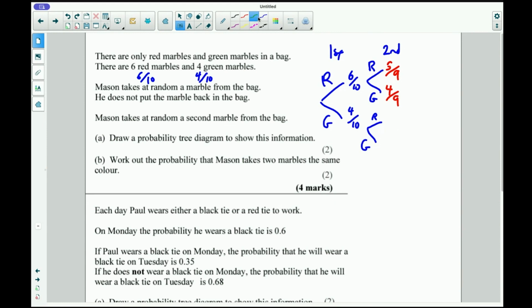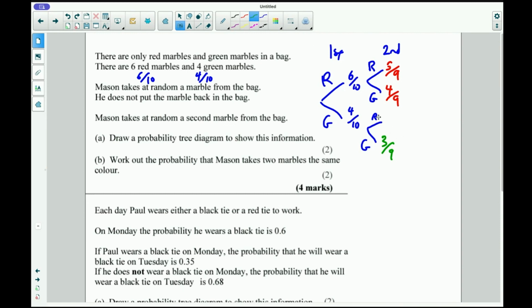Same thing for the second half of our probability tree. If we picked a green marble first, that means that instead of having 4, we are now down to 3, and instead of picking out of 10, we're now picking out of 9 for that second stage. That should be down here, 3 out of 9, my apologies.